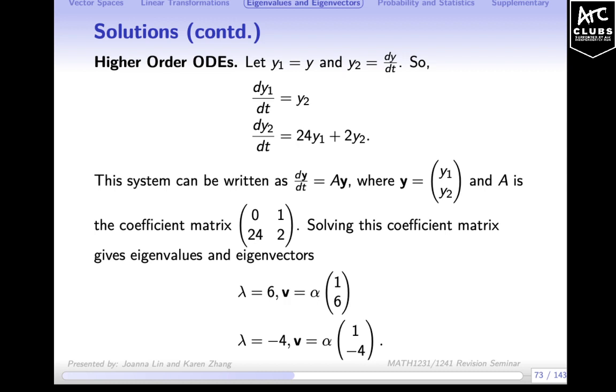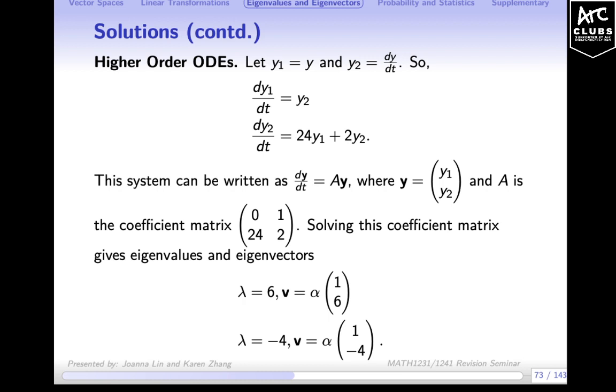This is written as dy/dt equals Ay, where A is your coefficient matrix, 0, 1, 24, 2. Just be careful here that this is y2, so it would be your second column that has the 1 at the top. So be careful when you write your matrix out.